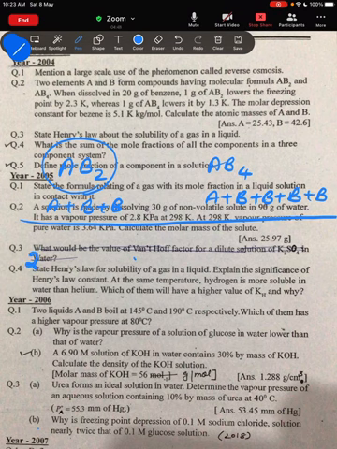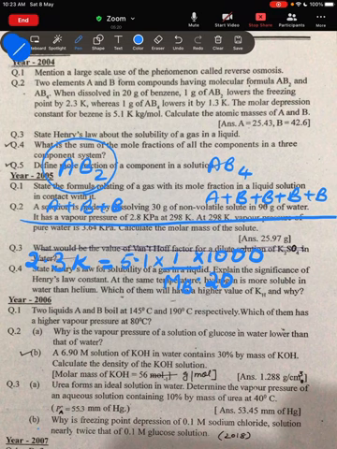So here delta Tf, 2.3 Kelvin, is equal to Kf, what is Kf? 5.1, into 1 gram divided by molar mass MB, that is for AB2, into 20 gram upon 1000. Okay, so from this you can get the molar mass of AB2.